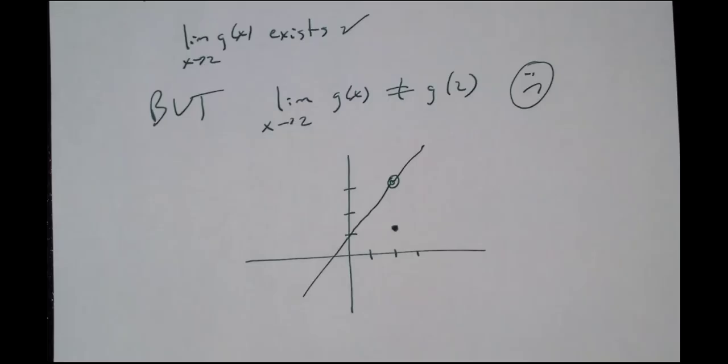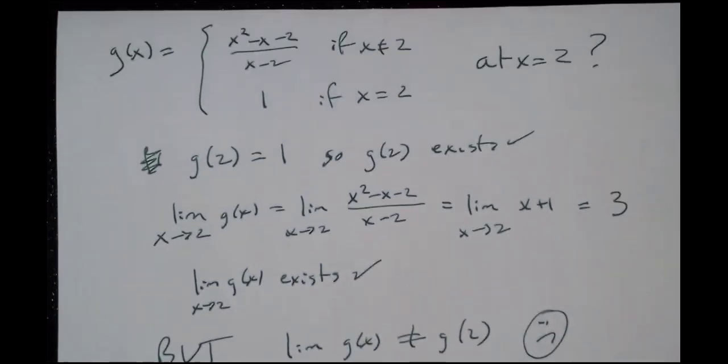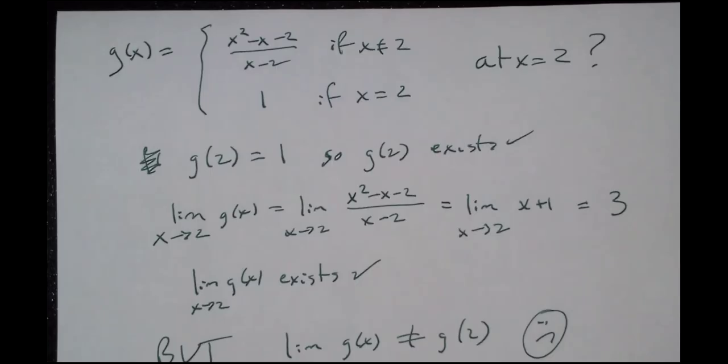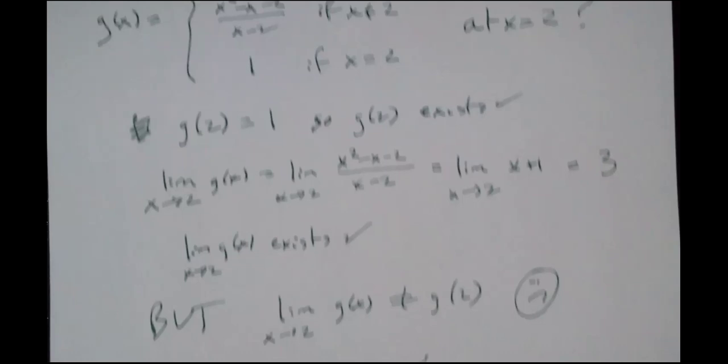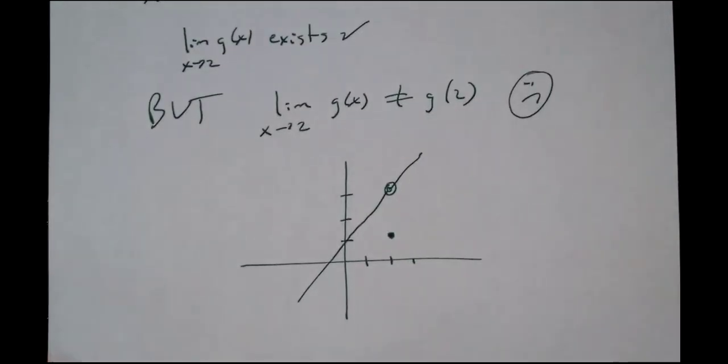How could I fix this? How could I make a new function that is continuous? What change could I make to g of x to fix that problem?